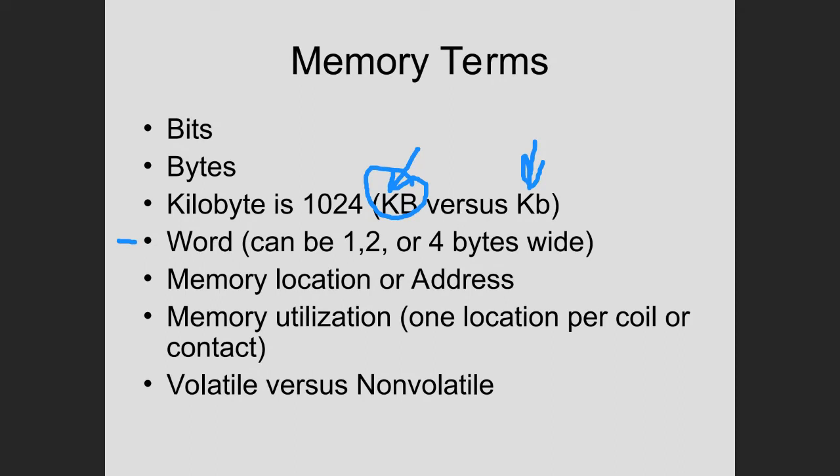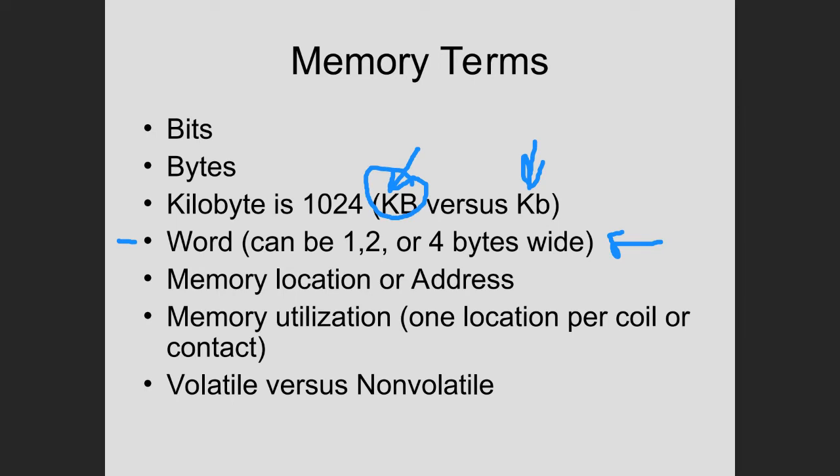Even though a word is machine dependent, for us in this class, a word is going to be equivalent to 16 bits. I'm going to explain that in just a few minutes.